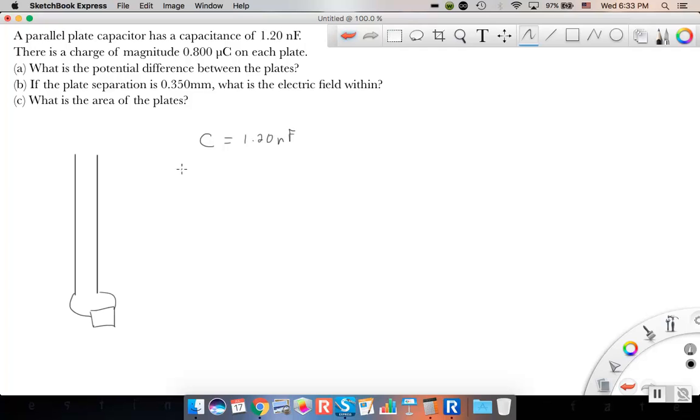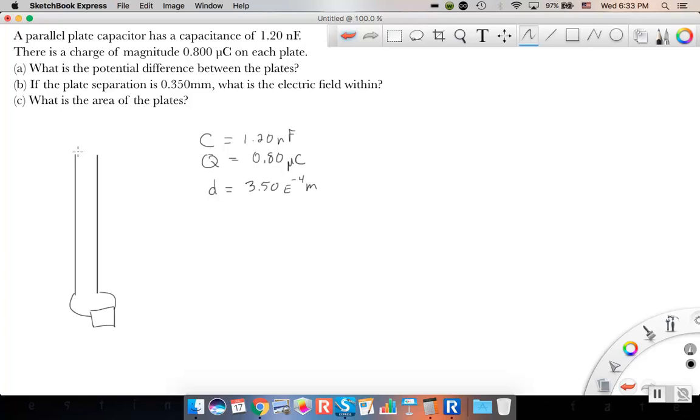We're given the charge as 0.8 microcoulomb. And we're given a plate separation distance in part B, so we'll need that later. I'm going to write this as 3.5 times 10 to the negative 4 meters.